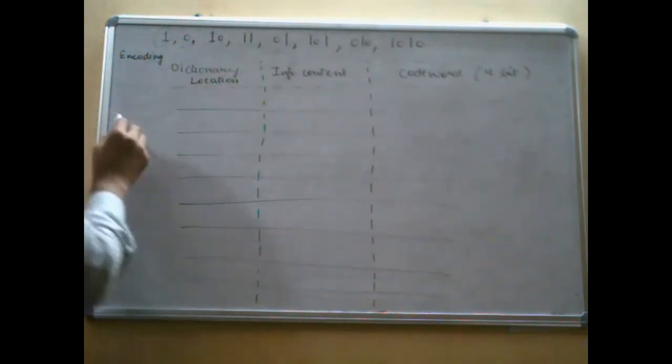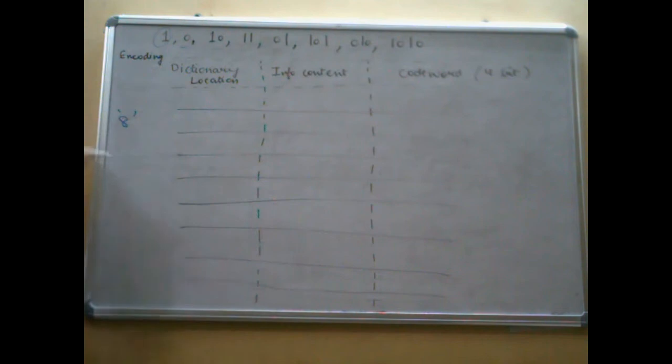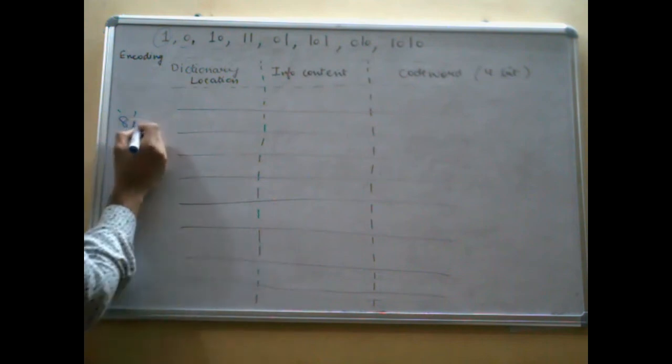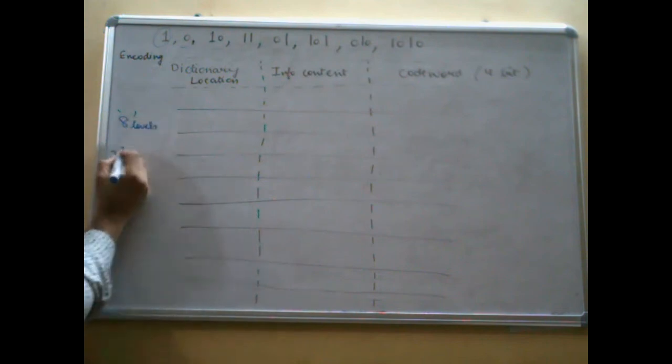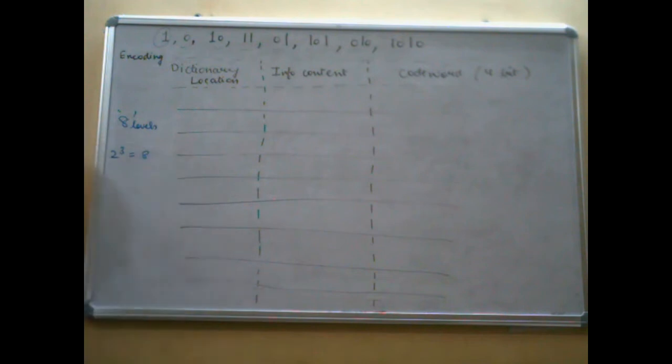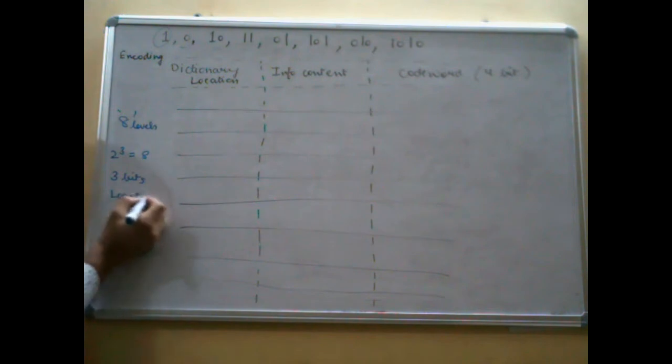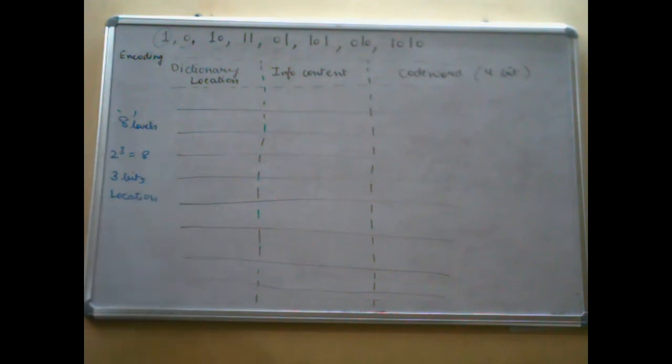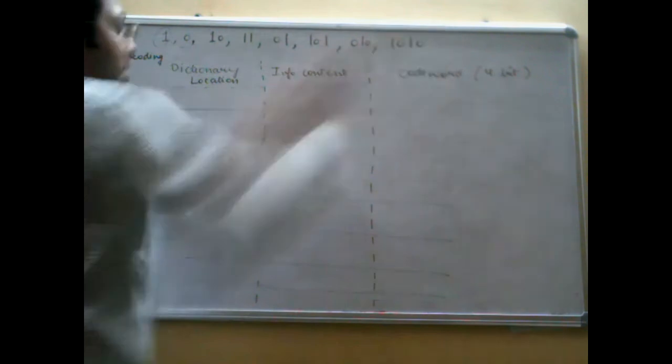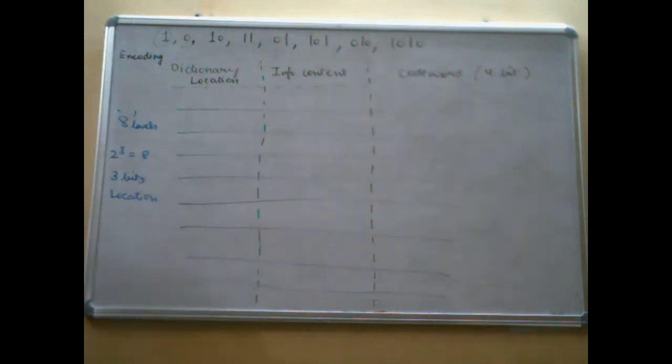8 means 8 levels, and 8 levels means 2 raised to power 3 is equal to 8. Means 3 bits are sufficient for my dictionary location. Just count this. This is 8. 8 values can be represented easily using 3 bits, because 8 is nothing but 2 raised to power 3.